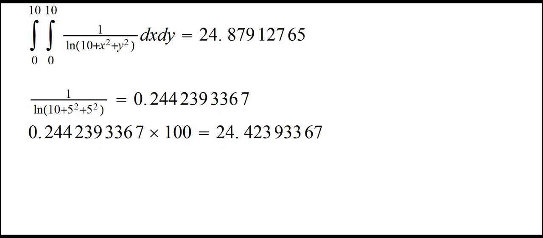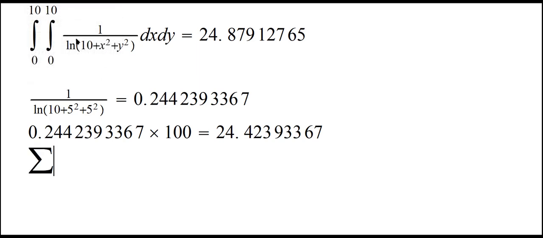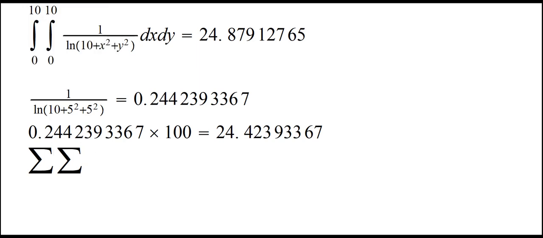So now let's come back to Scientific Workplace, okay? And here we have the double summation, right? And in the interior we are going to have n varying from 0 to 9, remember in the previous one. And here also we have n varying from where to where? 0 to 9, right?